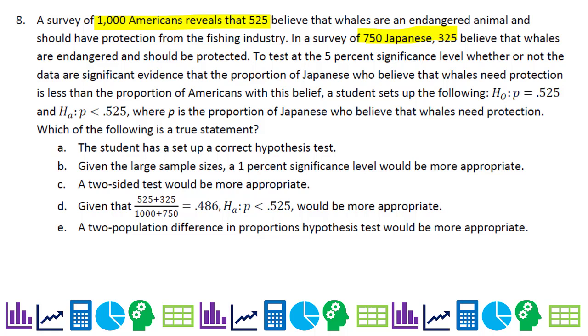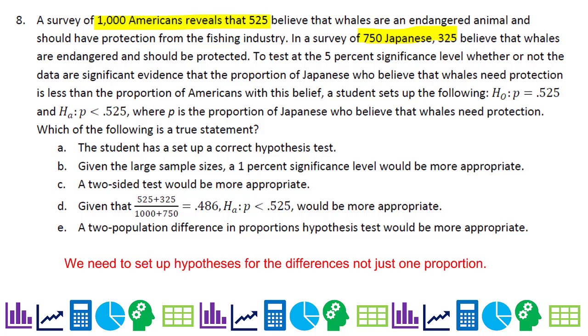To test at the 5% significance level whether or not the data are significant evidence that the proportion of Japanese who believe that whales need protection is less than the proportion of Americans with this belief, a student sets up the following. Their null hypothesis is that the proportion is 0.525 and that the alternate is less than 0.525, where P is the proportion of Japanese who believe that whales need protection.